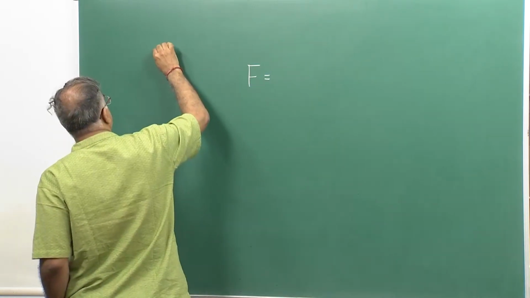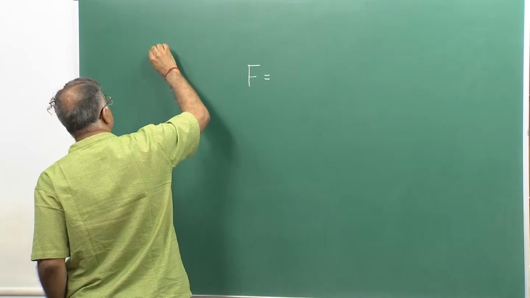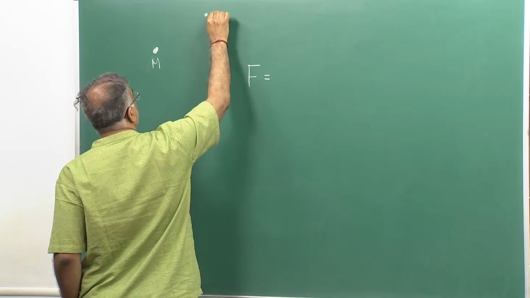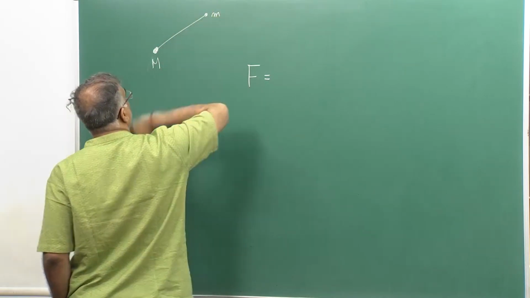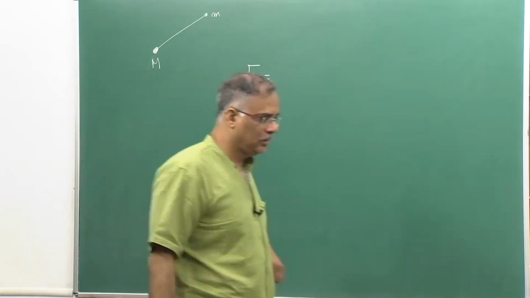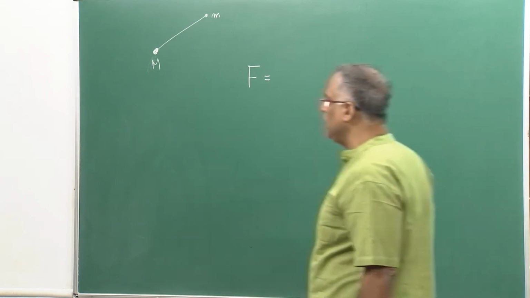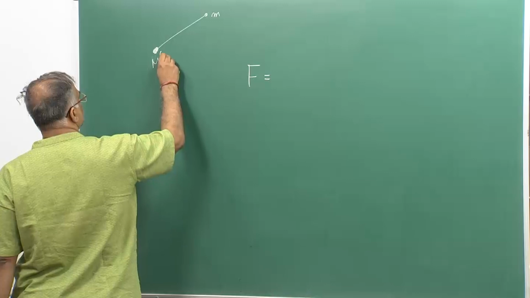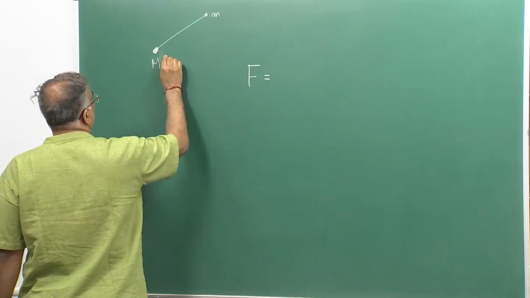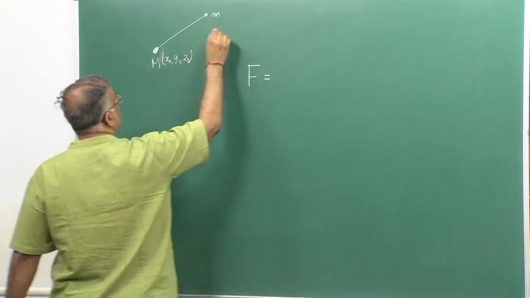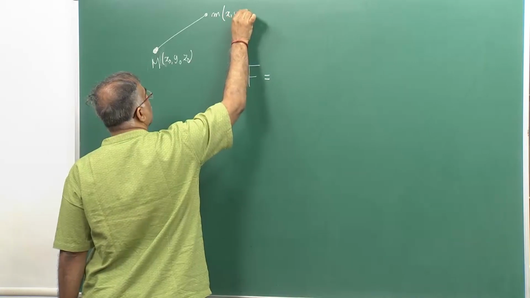If a bigger mass M is there and a smaller mass m gets attracted, I will put the bigger mass at some point x0, y0, z0, and the smaller mass at the point x, y, z, not equal to the first point.